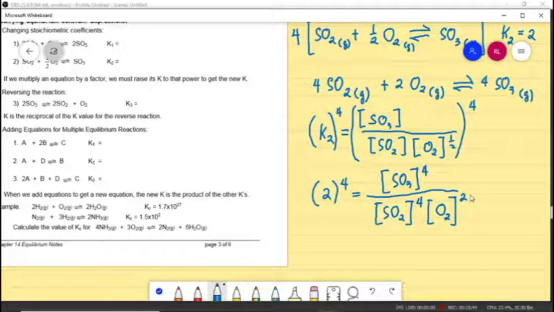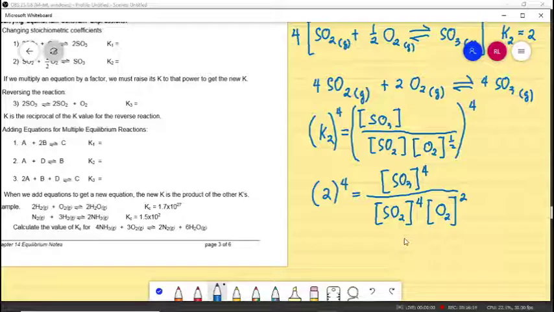So in other words, what happens when you multiply the numerical coefficients or the stoichiometric coefficients by 4? You also have to raise the value of k sub 2 by 4.